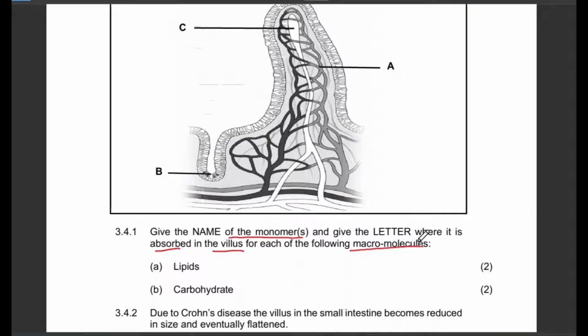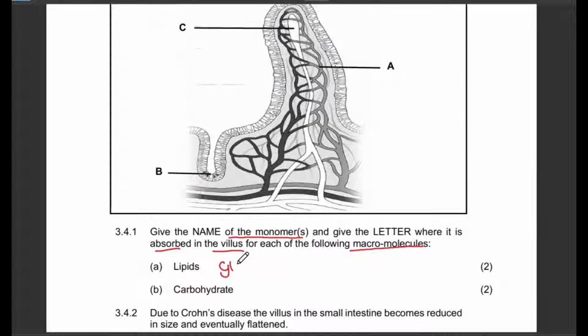macromolecules. Remember, during digestion, guys, we break down these large insoluble molecules into smaller soluble substances. So lipids are macromolecules, and we digest or break them down into glycerol and fatty acids.